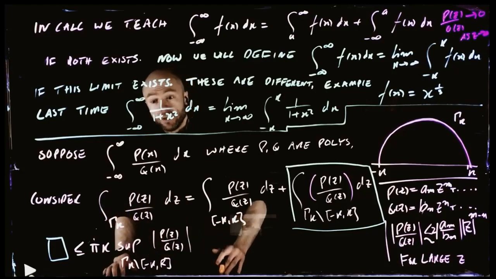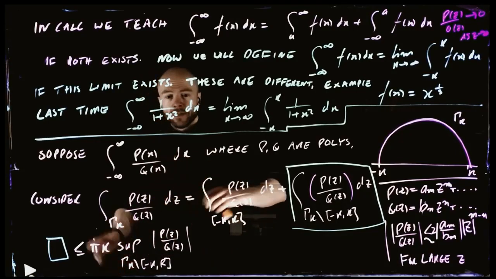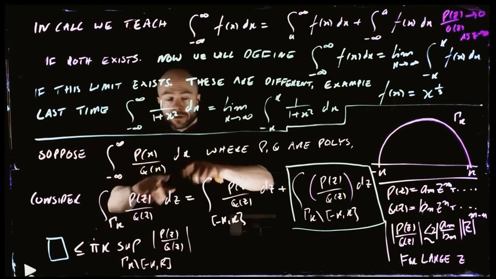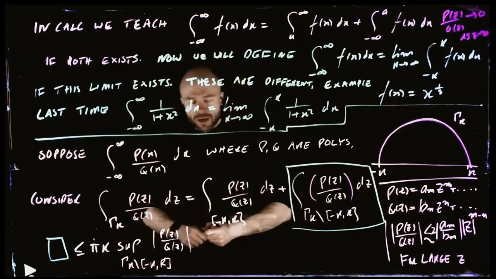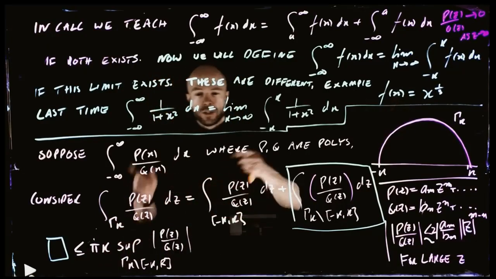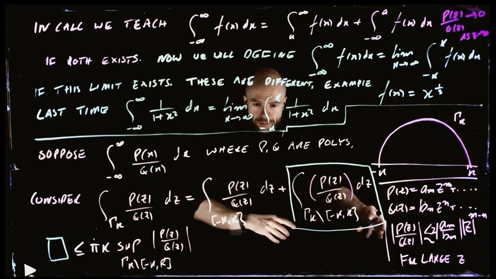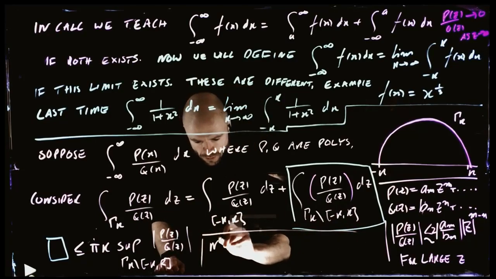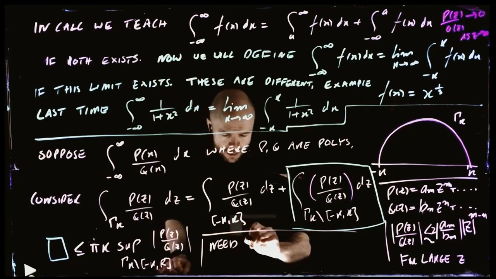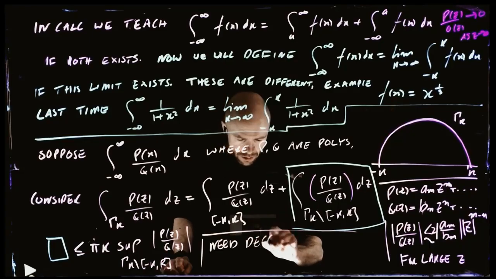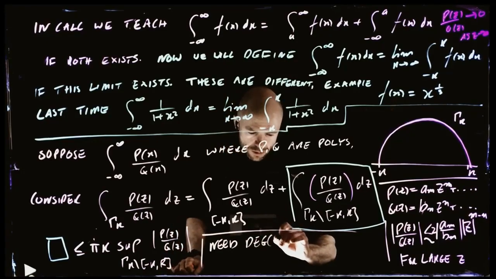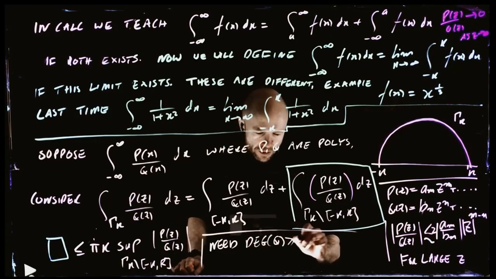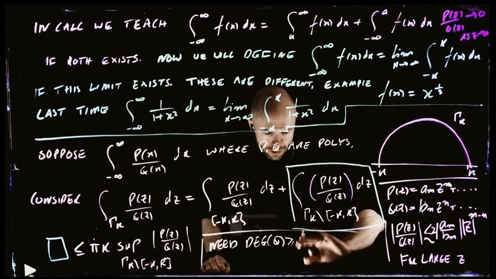We need the degree of p to be less than the degree of q by 2. Maybe better to say that the degree of q is the degree of p plus at least 2. So we need the degree of q to be bigger than or equal to the degree of p plus 2.